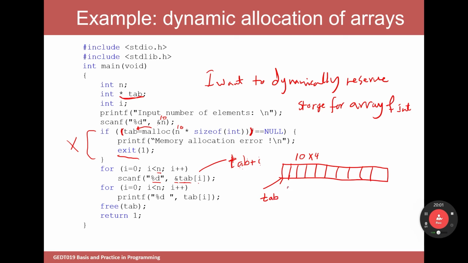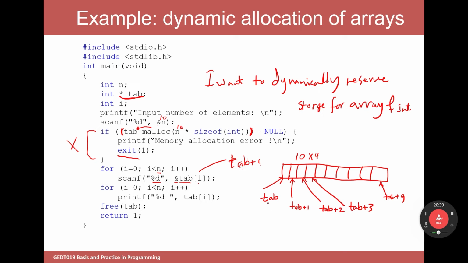Tab is pointing to the address of the first element in the memory. So the second element is tab plus 1, the third element is tab plus 2, this element is tab plus 3, and so on, until the last one is tab plus 9. Okay, so this is how these things work.